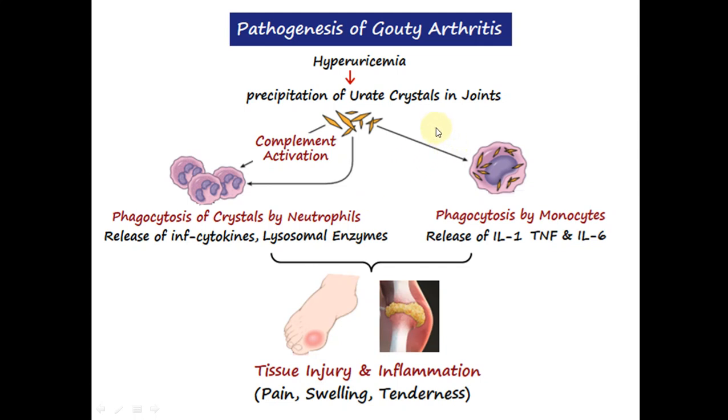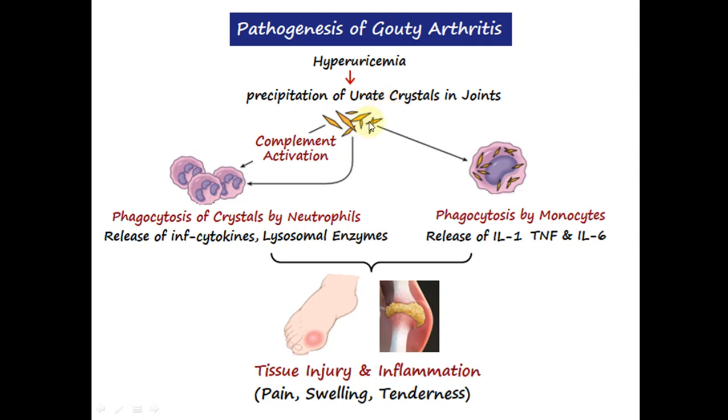Now, the pathogenesis of gouty arthritis is that when there is hyperuricemia, excess uric acid present in the serum, the uric acid will get converted into urate, and in combination with the sodium ion, it will form monosodium urate crystals, and these crystals get precipitated in the joints.